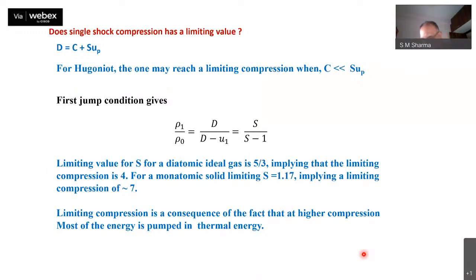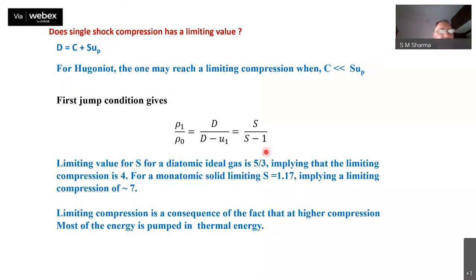Let me also ask a question. Does a single shock wave compression have a limiting value? Can it compress to infinitesimally small volume? Does it have any limit, or can you keep compressing? So let us try to deduce what happens in the limiting compression.